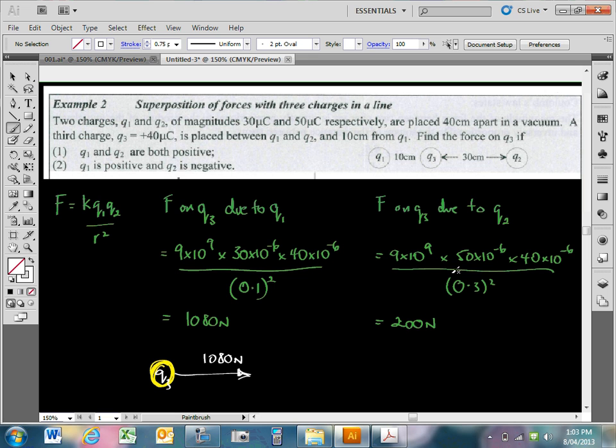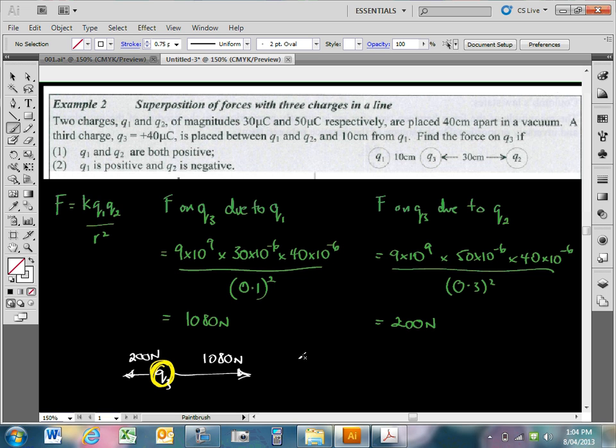What about our 200 newtons? They're all positive, aren't they? So due to Q2, it's going to be left. Okay, 200 newtons. I'll draw them approximately the right size relative to each other.